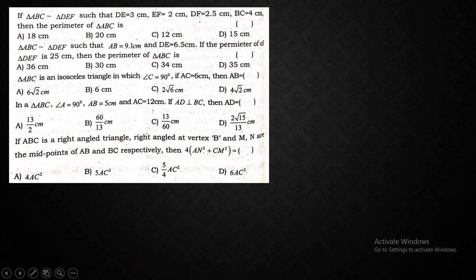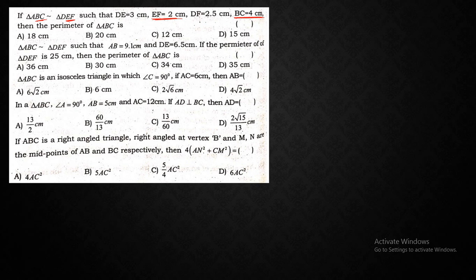Next, moving on to one more question. If triangles ABC and DEF are similar such that DE is equal to 3 centimeters, EF is equal to 2 centimeters, DF is equal to 2.5 centimeters, and BC is equal to 4 centimeters. Since we know BC and EF, take the ratio of those two. BC is here and EF is here, right?